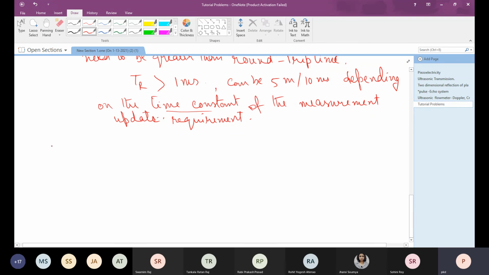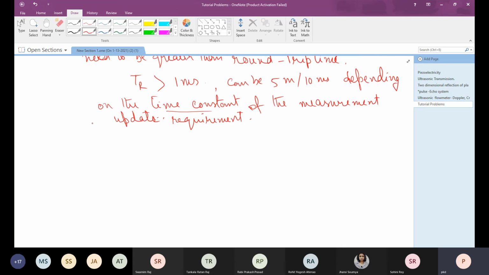Okay, so next problem is the Doppler problem. There you have an ultrasonic Doppler flow meter, flow rate of a slurry in a steel pipe is given, 0.2 diameter, again natural frequency 1.5 megahertz.